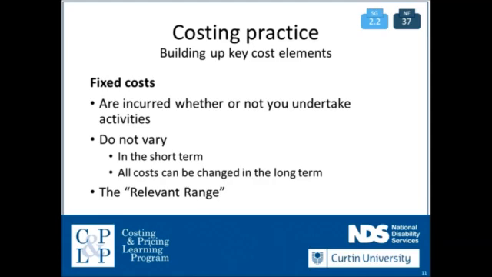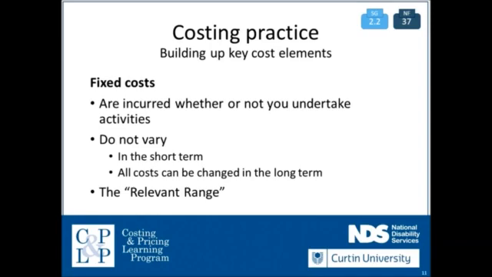However, you need to remember that, of course, all costs change in the long term. Fixed costs and variable costs will change in the long term. Importantly as well, we will talk about the idea of relevant range in the next webinar much more deeply. However, it's important at this point to understand that the relevant range is also a consideration here for determining what is a fixed and what is a variable cost.